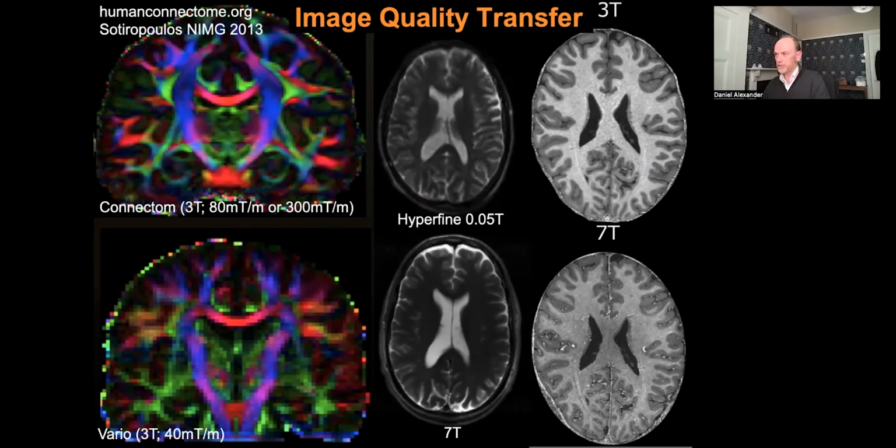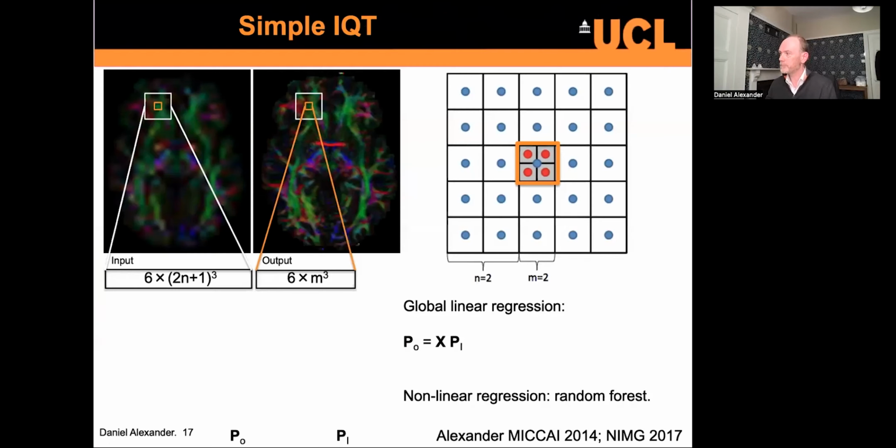That's what image quality transfer aims to do, transfer the quality of this super image to the lower quality one, but more available. And of course, that idea adapts quite naturally to estimating, say, a high field image from a low field scanner, and I'll come back to that a little bit later. So let me start with my first attempt at this image quality transfer problem. It was very simple.